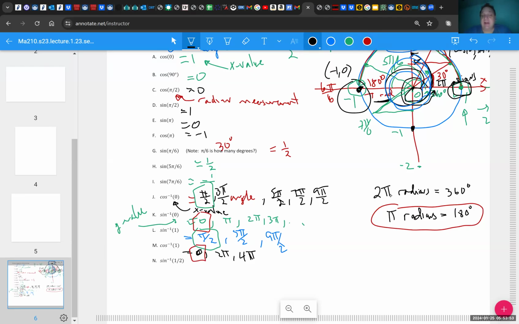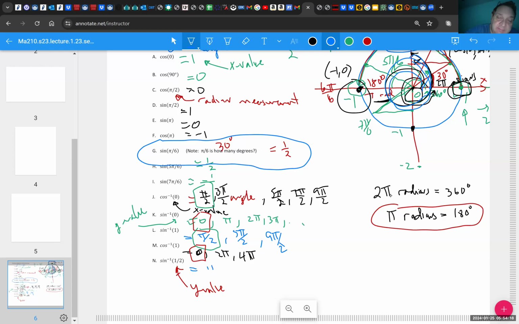All right, now the last one, sine inverse of 1/2. This is the y value, and we're looking for the angle. You may remember from a previous problem, we did sine of pi over 6 is 1/2, which meant at an angle of pi over 6, which was 30 degrees, the y value was 1/2. So if the y value is 1/2, what is the angle? Well, it's pi over 6, 30 degrees.